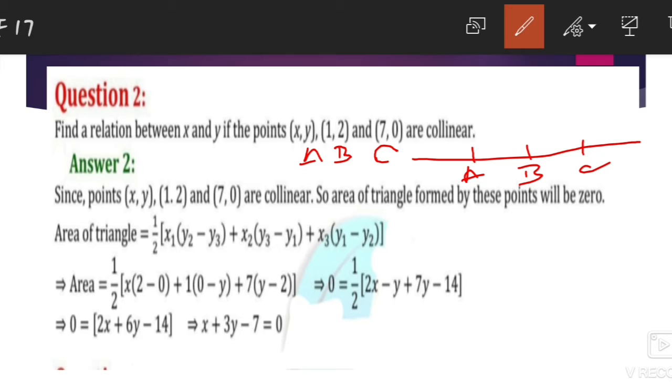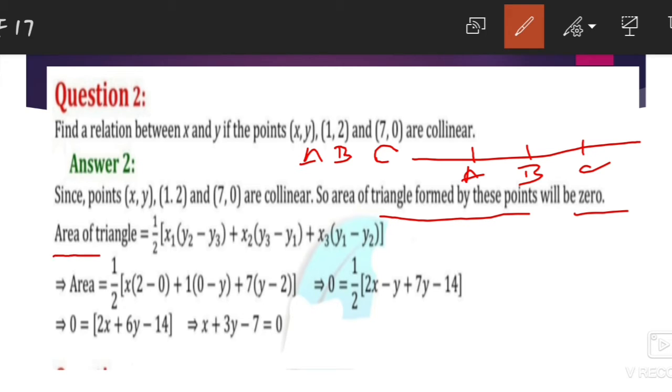That means the area of the triangle formed by these 3 points is equal to 0. So you can write that the area of the triangle formed by these points will be 0.